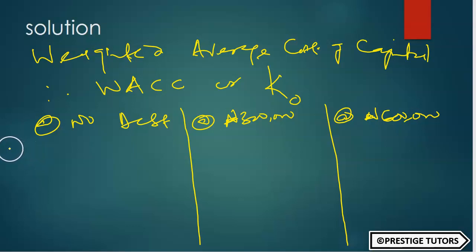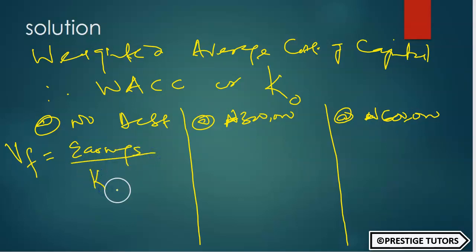We can say value of firm, which in this case is replacing the value of equity, equals earnings, the total earnings, which is the same as operating income, over what now? Over KO, which is the weighted average cost of capital.